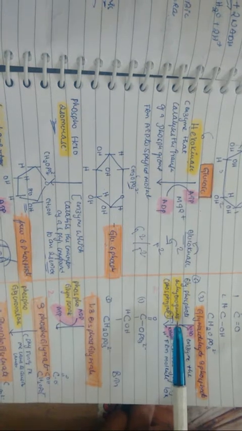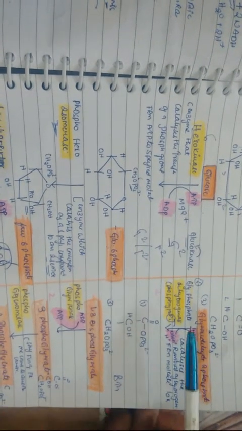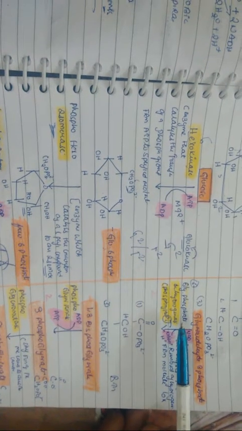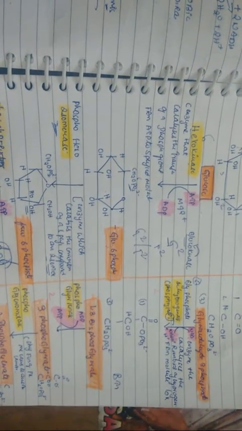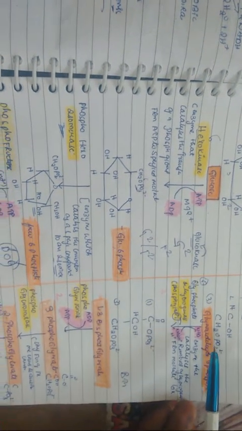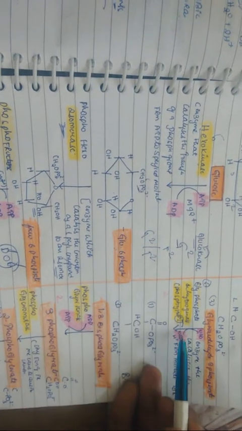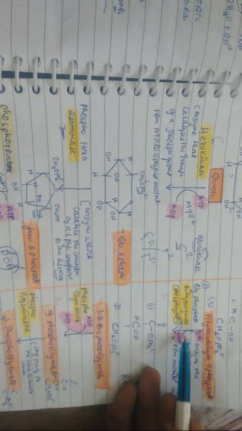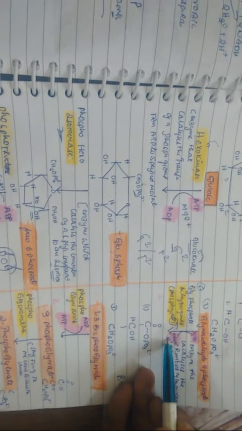It is removing hydrogen atoms from glyceraldehyde 3-phosphate, so we call it glyceraldehyde phosphate dehydrogenase, remember? Now who is taking that hydrogen? It is NAD which is taking the hydrogen atoms, and it is forming NADH.